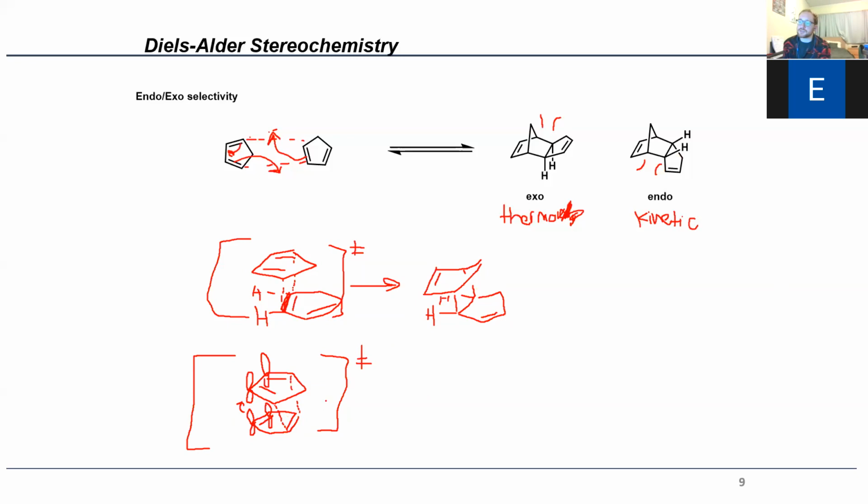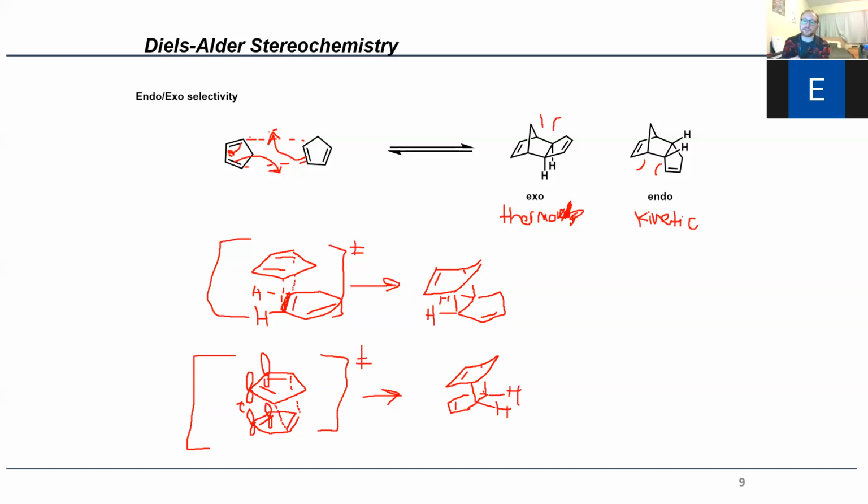And so this extra stabilization in the transition state leads to the formation of the endo product.